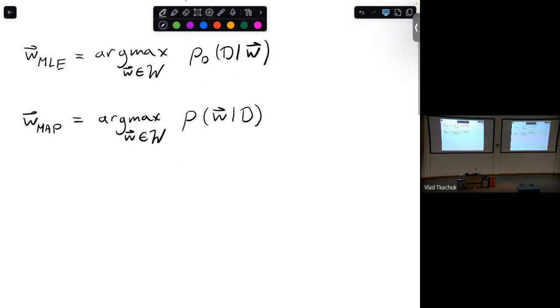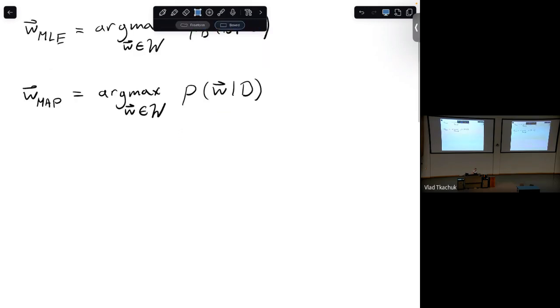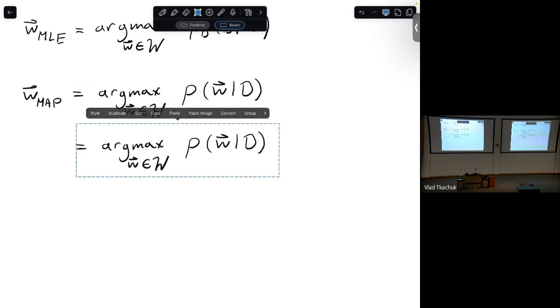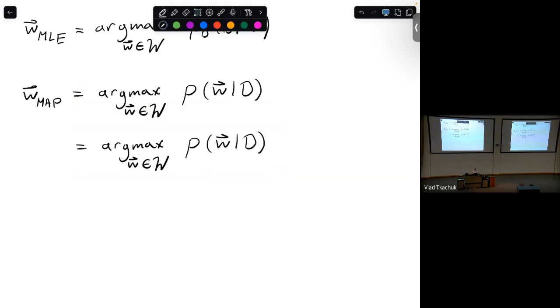Now, since W is a random variable and D is also your random data set, we can use different rules of probability because this is really a conditional. You can just use Bayes' rule directly, but I'll break it up into 2 steps, which I feel is nicer.